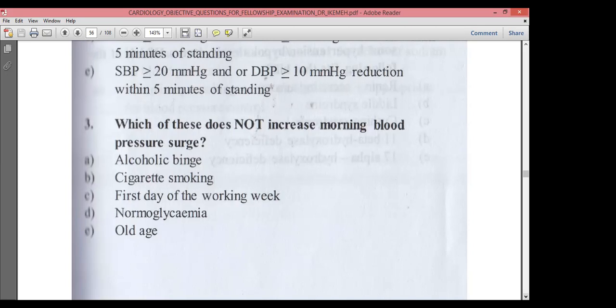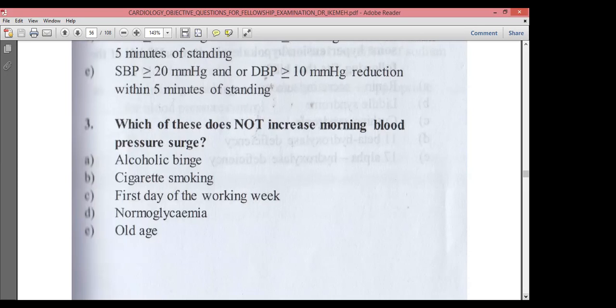So I'll put it on our WhatsApp. Okay, but for option D, what makes it false is that they said normal glycemia. So either hyper or hypoglycemia, any glucose abnormality will actually affect morning surge.